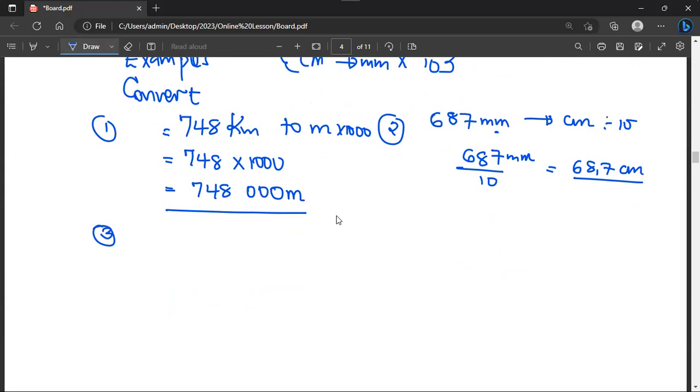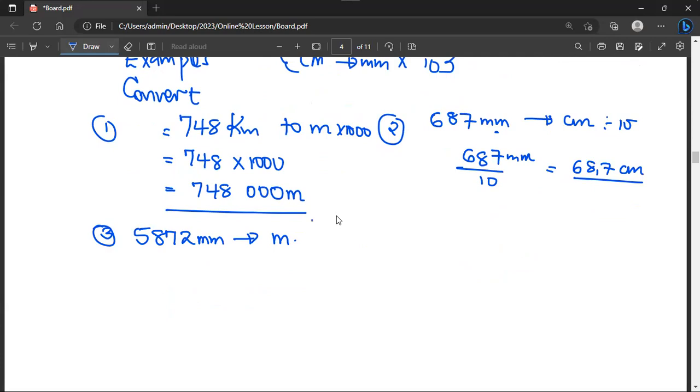For number 3, let's convert 5,872 millimeters. We want them to become meters. Someone might ask us, how come millimeters to meters? It's so simple also.